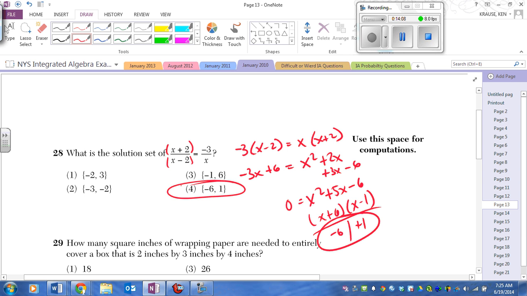So it's this choice. And the way I'm going to check it real quick just to show you is I'm going to take negative 6 and stow it into x. If it works, really that's only negative 6 in it, so it works.